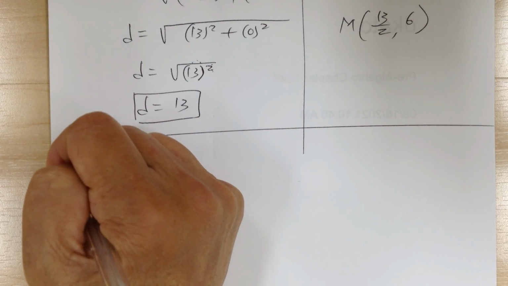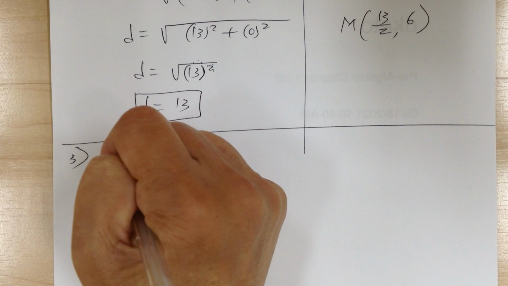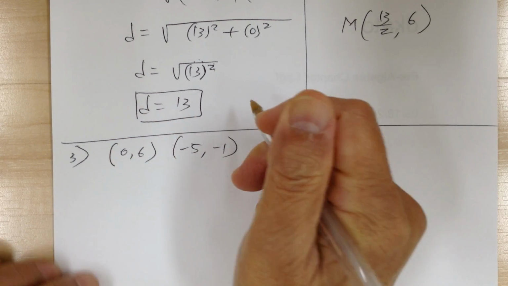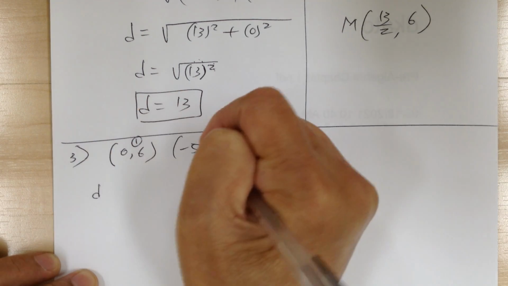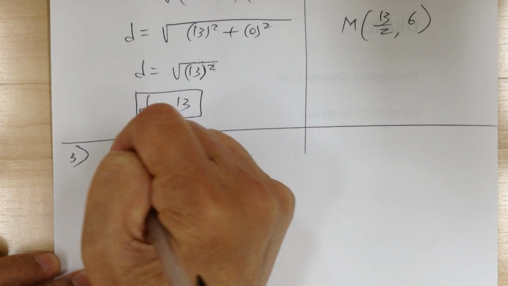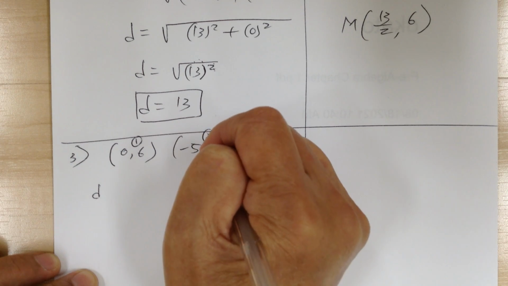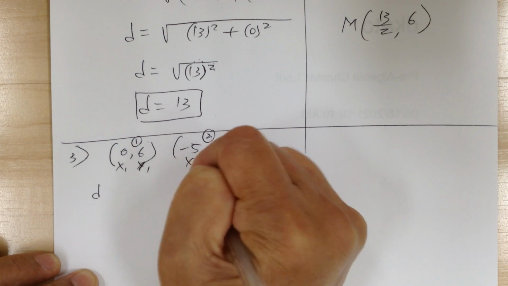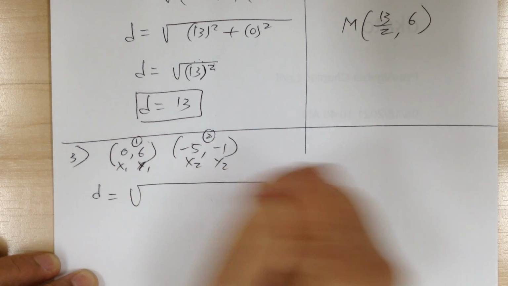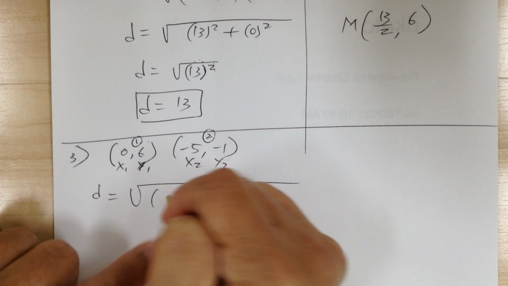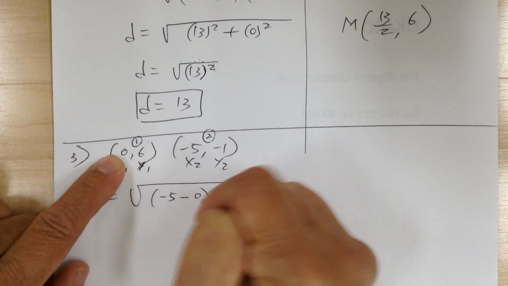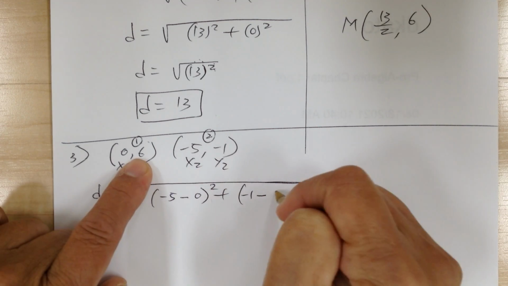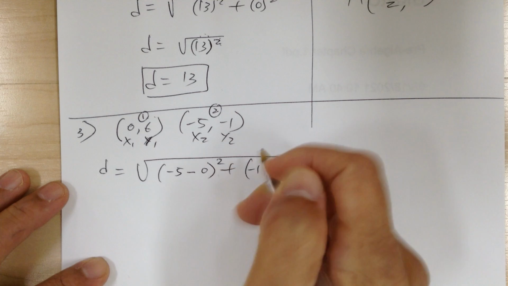Okay, number 3. Okay, you have the 2 points, 0, 6, and -5, -1. Okay. So if you label, it helps you to relate easier. So label point 1, point 2, so your x1, y1, x2, y2. So distance would be equal to x2 minus x1 squared plus y2 minus y1 squared, and take the square root.